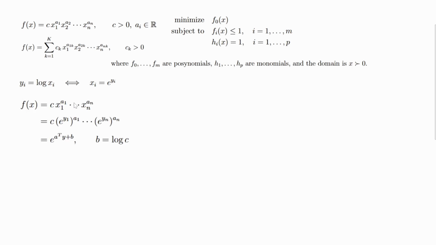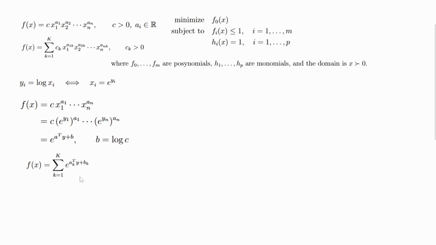Substituting each x_i for e to the power of y_i into the monomial equation, we see that the monomial becomes an exponential of an affine function. So we know this is convex.